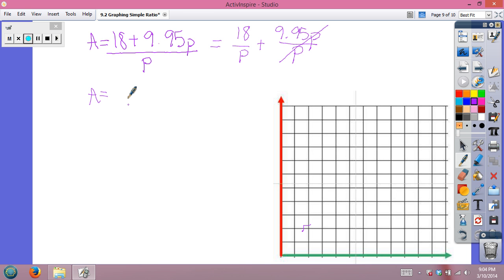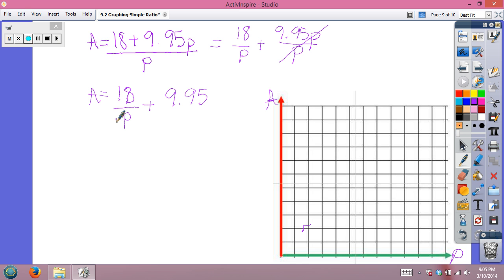This is just fine. But if you write it in this method, it will look very similar to what we just graphed in this lesson, where our 9.95 is our k value, and we have no vertical asymptote h.